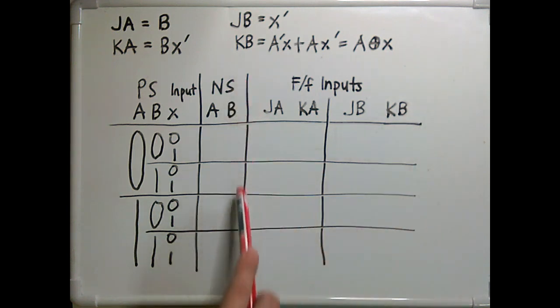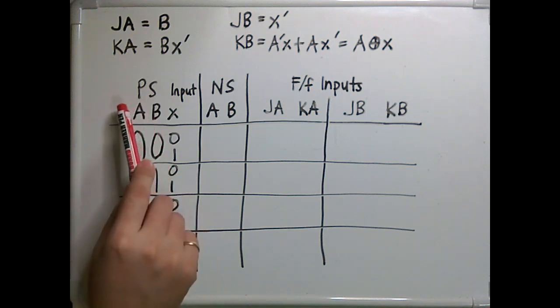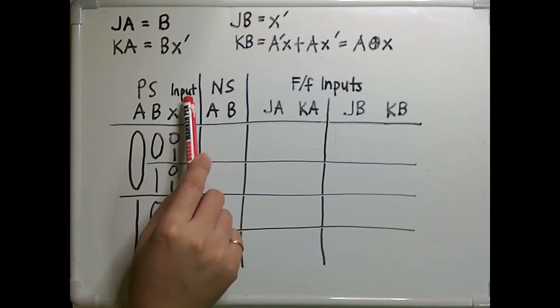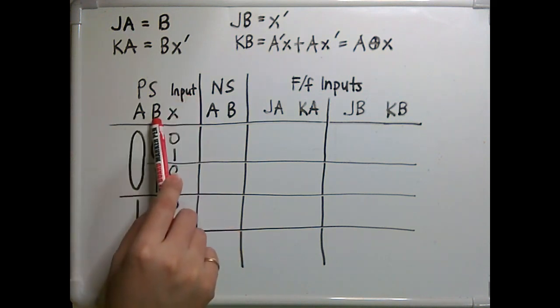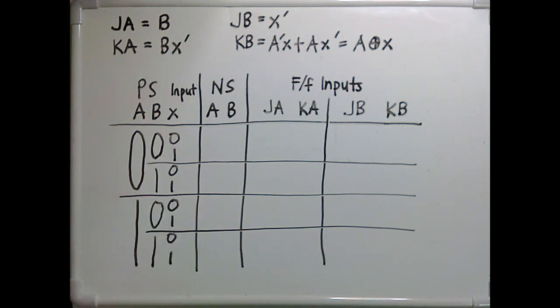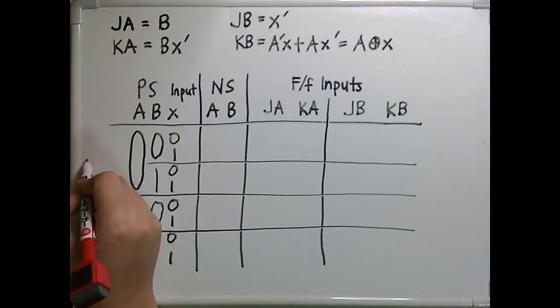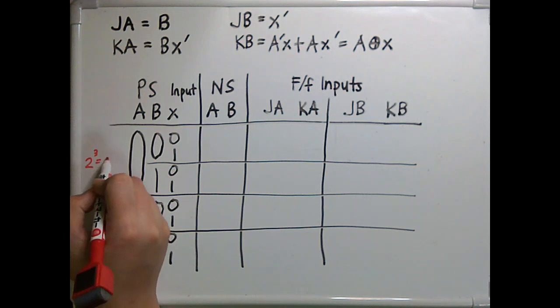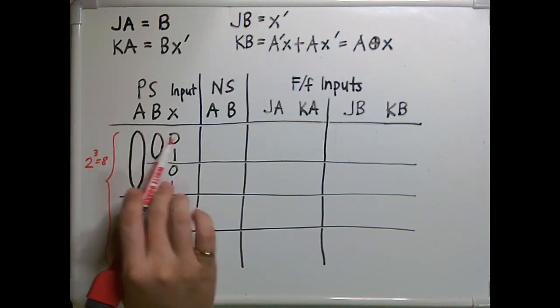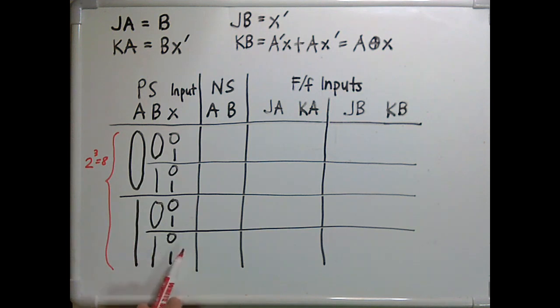Just like the D flip-flops, we need to fill out the left side for the present state and the inputs. In this case, we have two flip-flops A, B, and one input X. That means we have 3 variables, 2 to the power of 3, so 8 combinations for our inputs, from 0, 0, 0 up to 1, 1, 1.